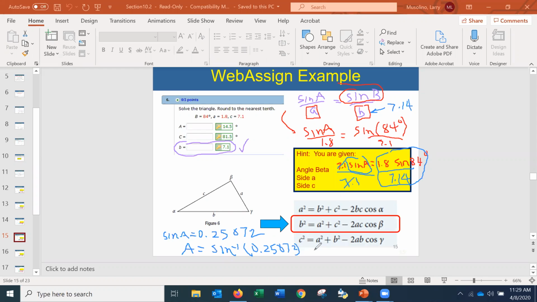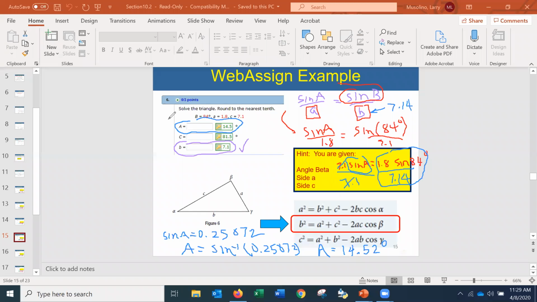And when you work this out, you should get angle A is 14.52 degrees. But they're asking me to round to the nearest tenth. So that's why angle A is rounded here to 14.5 degrees.